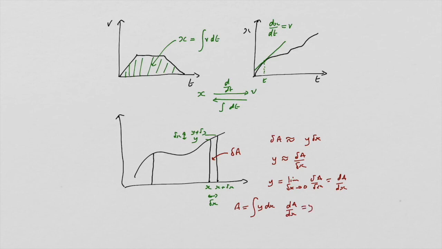And so, just as before, we can say that if we want to get from A to the function, then we differentiate, and if we want to get from the function to A, the area, we integrate. So whilst this is not a rigorous proof, it does at least show us that it's reasonable for us to work along the lines of integration and differentiation being opposites.